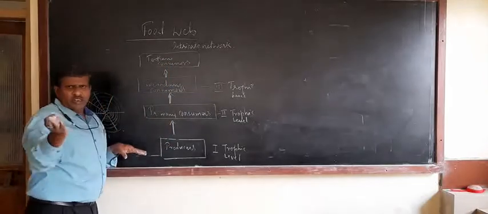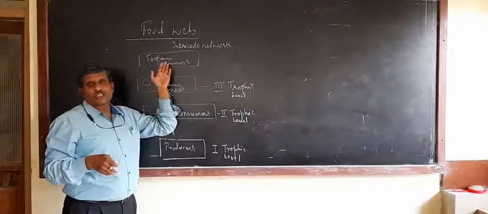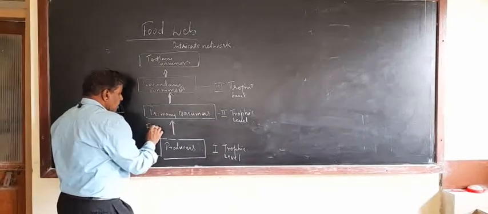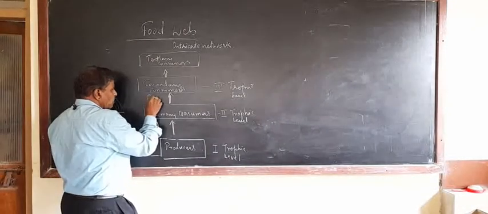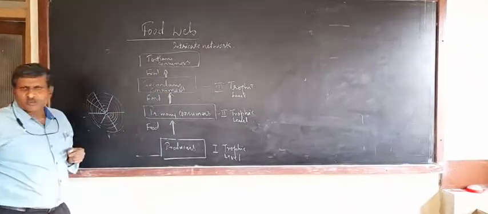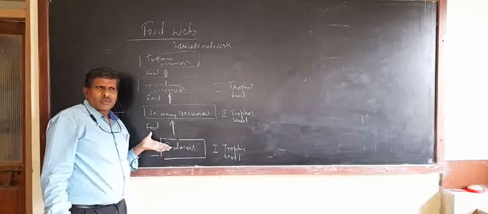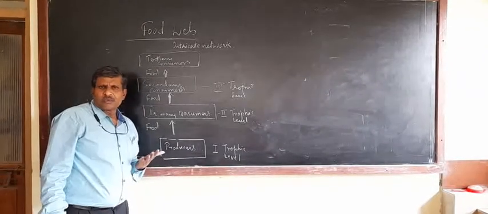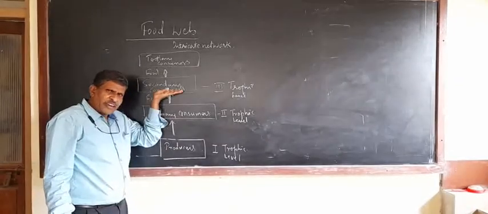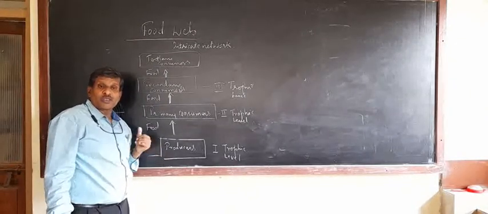By chance, if quaternary consumers are there, then further transfer of food occurs from tertiary to quaternary consumers. Here, food is getting transferred through a sequence of organisms. My basic question is, in nature, is the transfer of food going to follow this linear fashion?